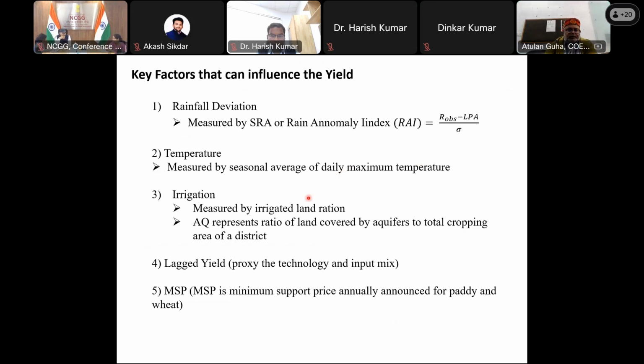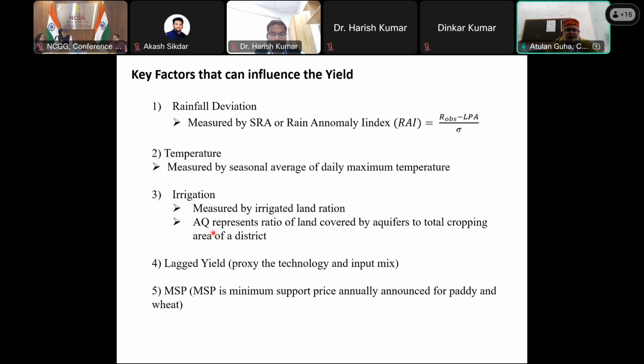So these are the key factors which we have taken into account. Rainfall deviations, the measure of RAI, I have already told. Temperature, we have measured by the seasonal average of daily maximum temperature. Since paddy is generally produced in Kharif, we have taken the Kharif seasonal average of daily maximum temperature, and similarly during the Rabi for the wheat. Then irrigated land ratio.